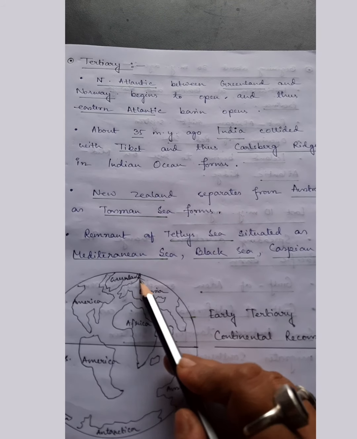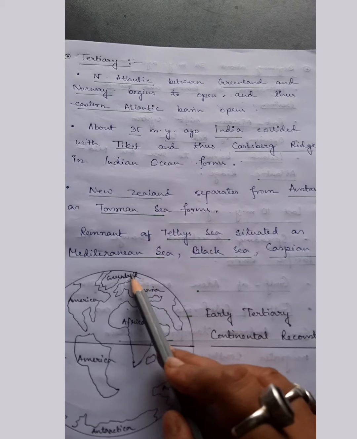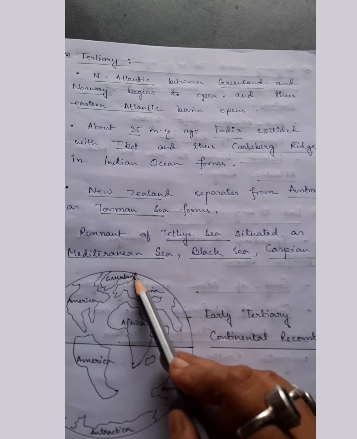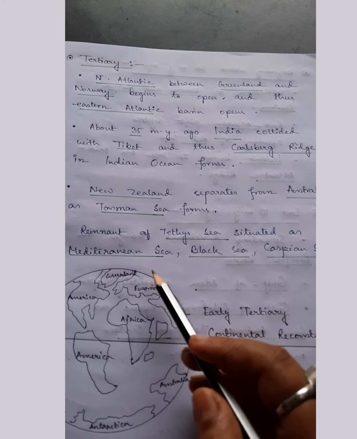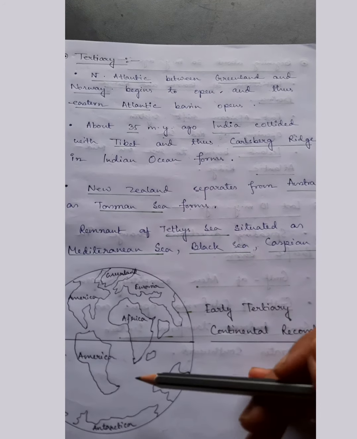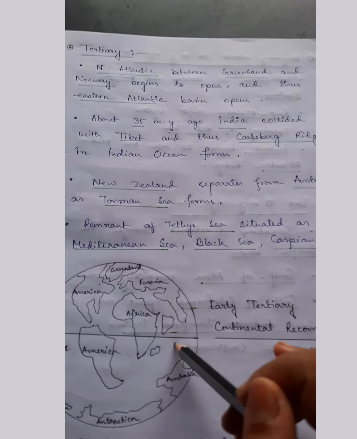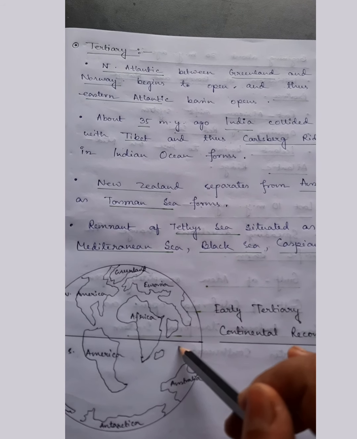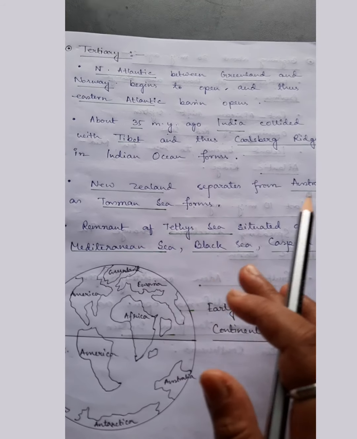In between these two regions the Eastern Atlantic basin started to open up. About 35 million years ago, India started to collide with Tibet, and under the Indian Ocean the Carlsberg Ridge, the most important ridge under the Indian Ocean, was created.